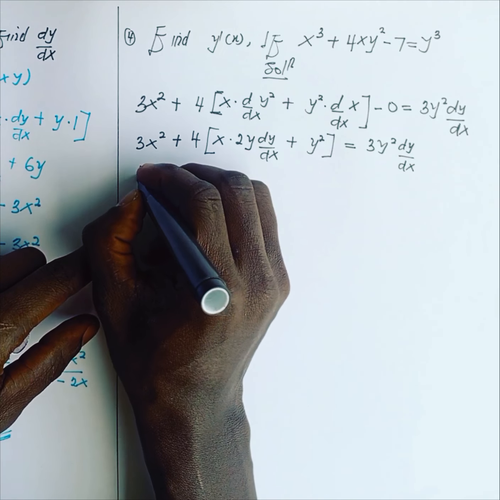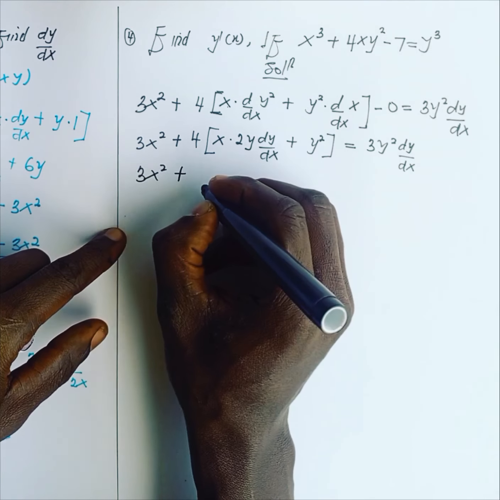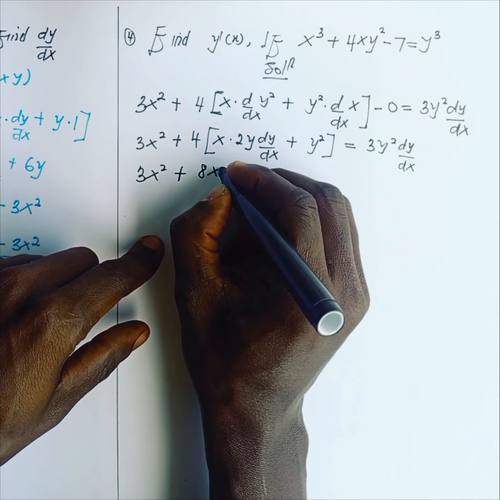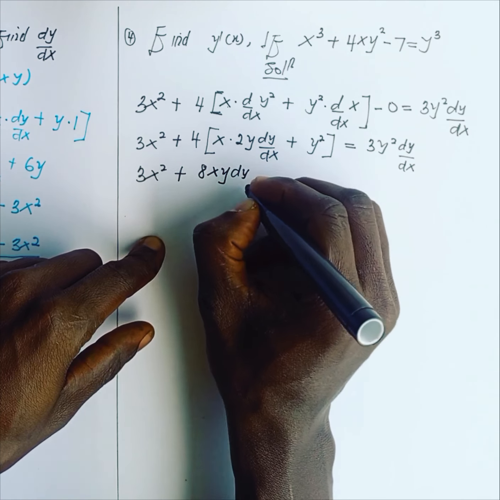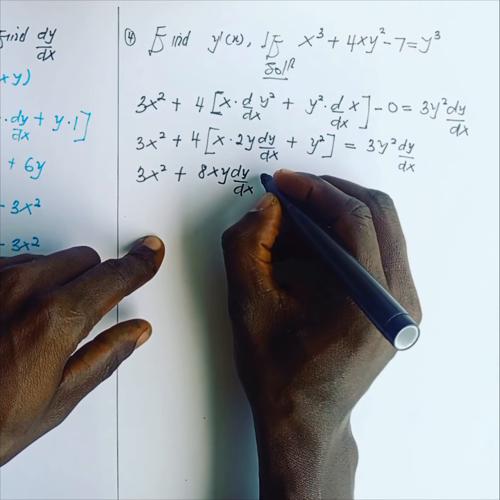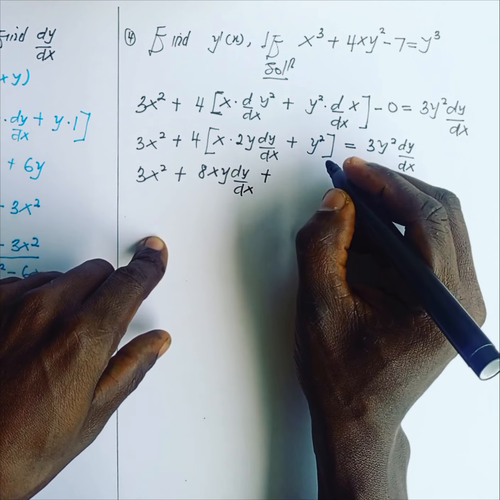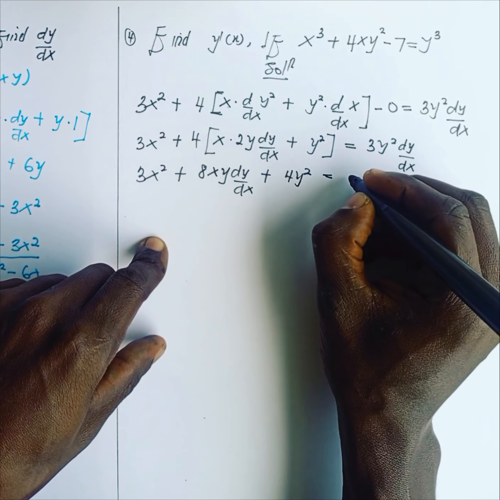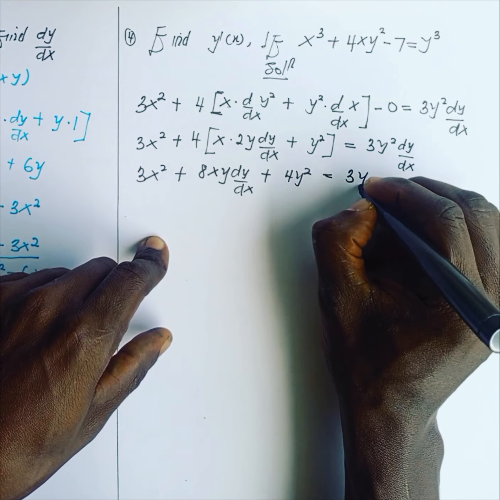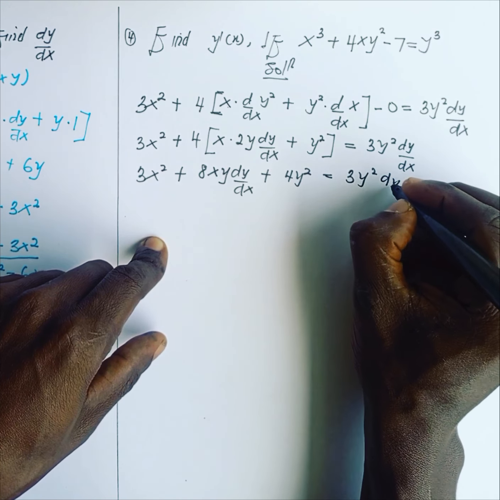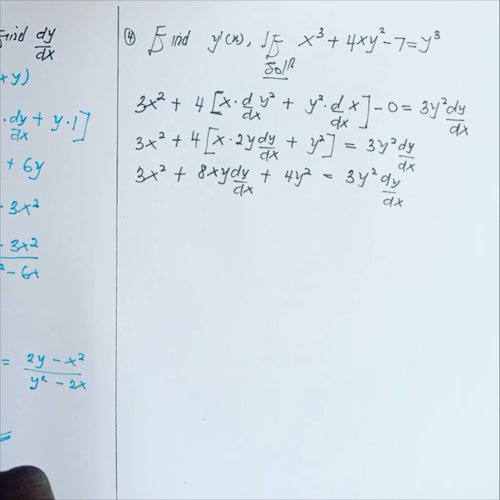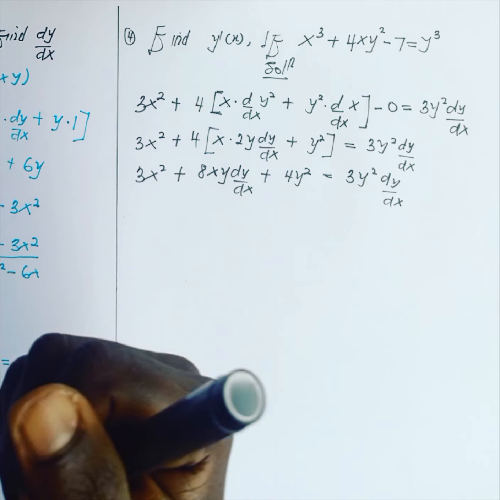So we have 3x squared plus 8xy dy/dx plus 4 times y squared, we have 4y squared, is equal to 3y squared dy/dx. What we are going to do next is bring all the dy/dx to one side of the equation.